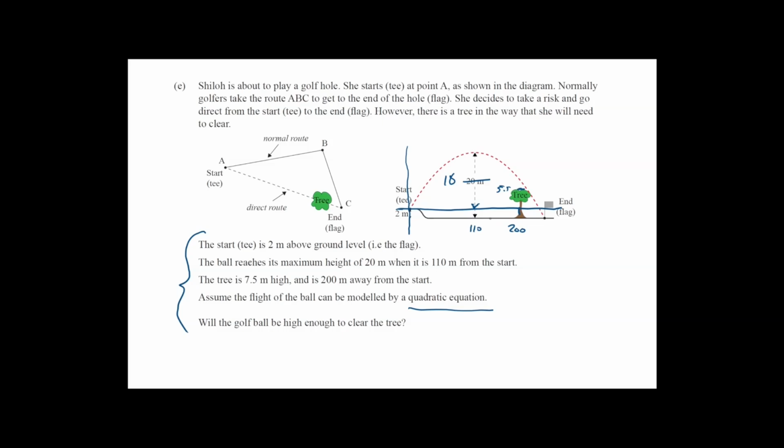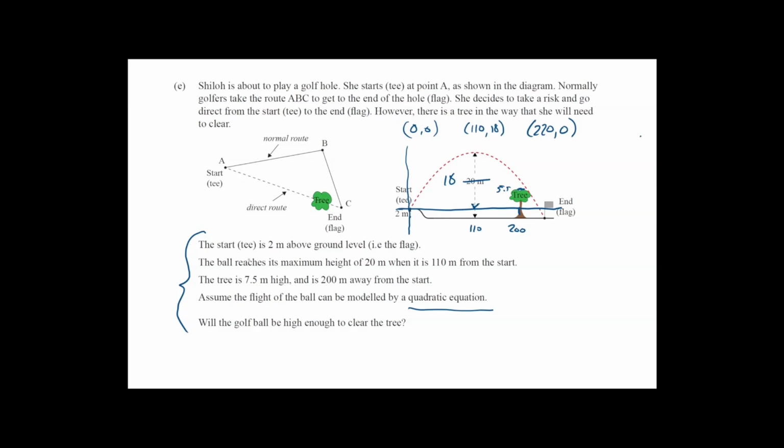So we do know 3 of the points here. We know we start at (0, 0), where she hits the ball for the first time. And we know that it goes through the point (110, 18). And we also know, because it's symmetric, it goes through the point (220, 0).